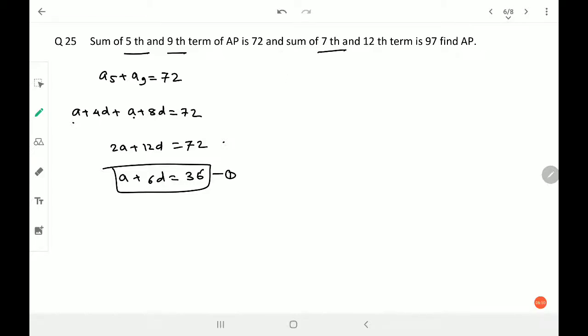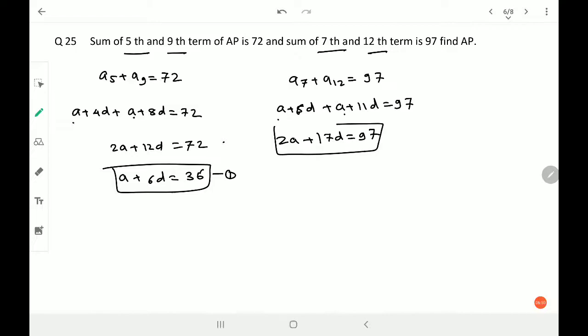Second equation: sum of seventh and twelfth term, meaning A7 plus A12, is equal to 97, which gives me A plus 6D plus A plus 11D is equal to 97. So 2A plus 17D is equal to 97, and that's your equation number 2.